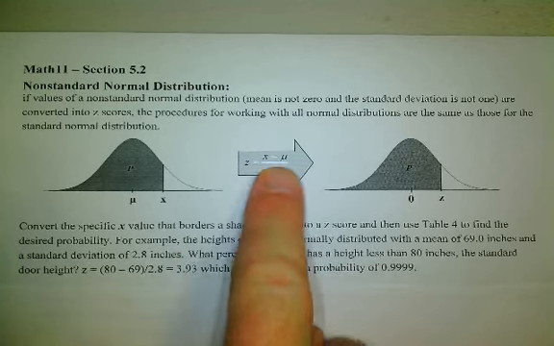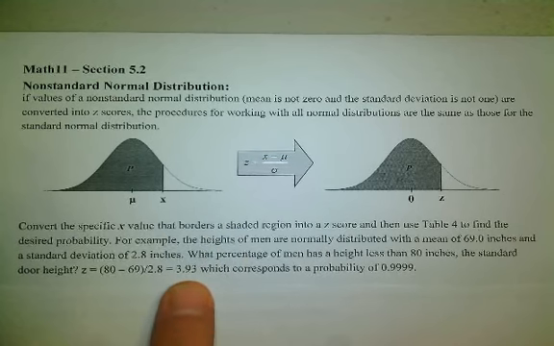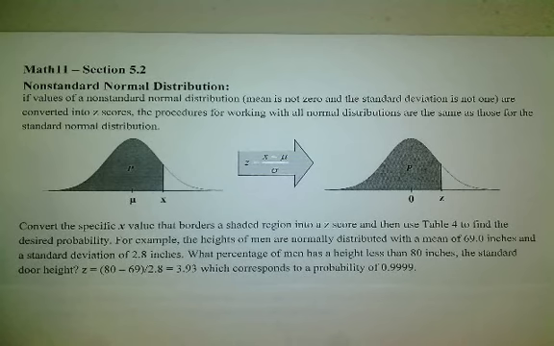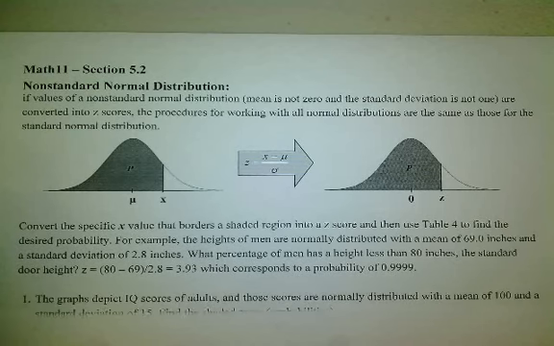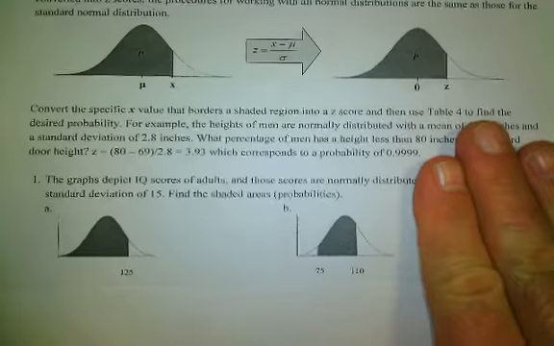We take 80, subtract the 69, so we're using this equation there, divide by the 2.8, and we end up with 3.93. 3.93 is beyond our table of 3.5, and so for everything beyond it, we just use 0.9999. It is possible to actually do a direct calculation of that area, but we're not going to worry about that. We're just going to usually use the table. So, let us look at some quick examples.